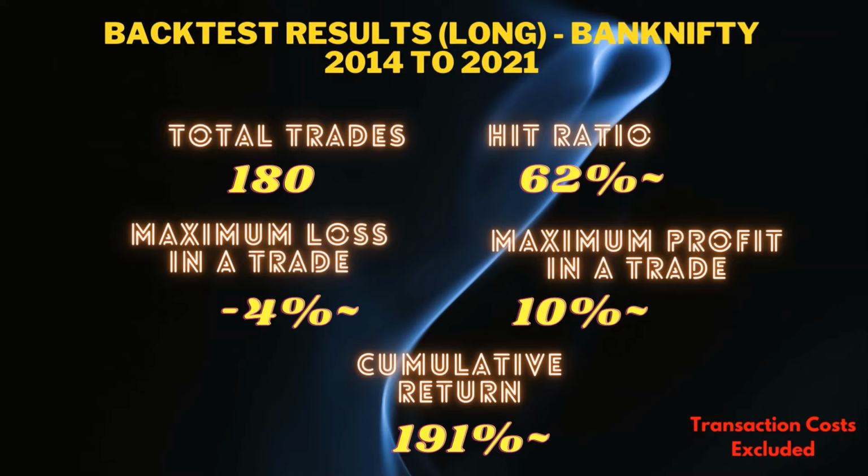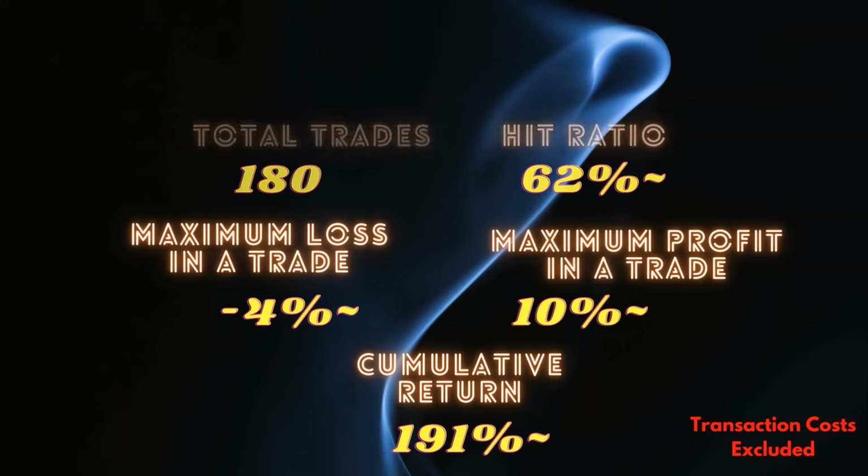And the cumulative return generated by the strategy was 191%, which means had you started off with 100 rupees in this strategy and continued to reinvest your balance in each trade, you would have ended up making 291 rupees. Now that's a cumulative return of 191%.